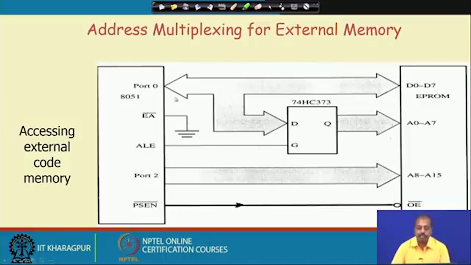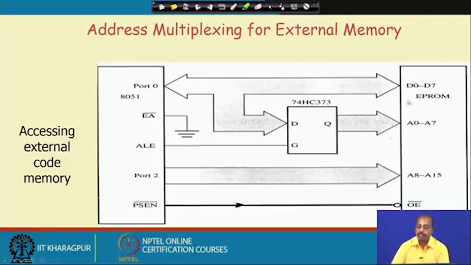Initially when 8051 puts the address onto the address bus, the higher order address bus contains the higher order bits, and the lower order address bus contains the bits A0 to A7. The ALE signal is given, so the value gets latched onto the 373 latch.